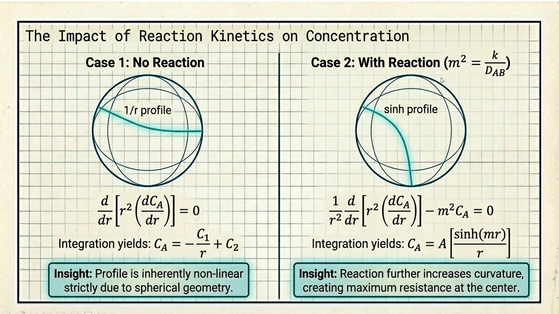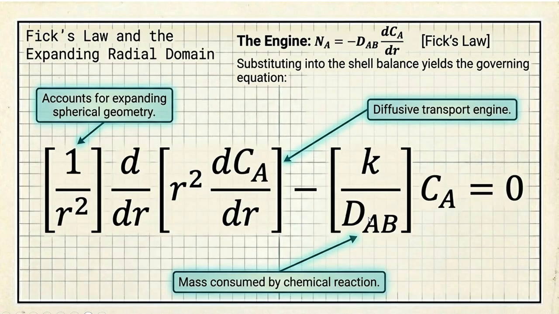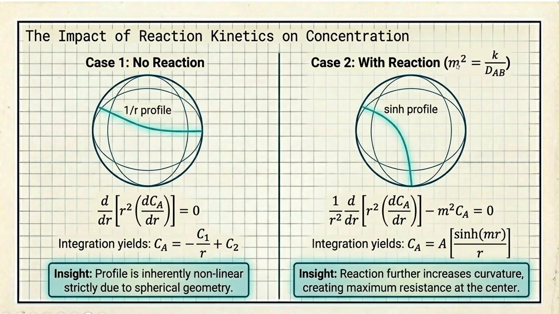In case of with reaction, this term k by DAB is substituted as m square, and this is written like this. And when you integrate it using hyperbolic trigonometric substitutions, integration will yield CA is equal to, after applying boundary conditions, A into sinh mr by r.